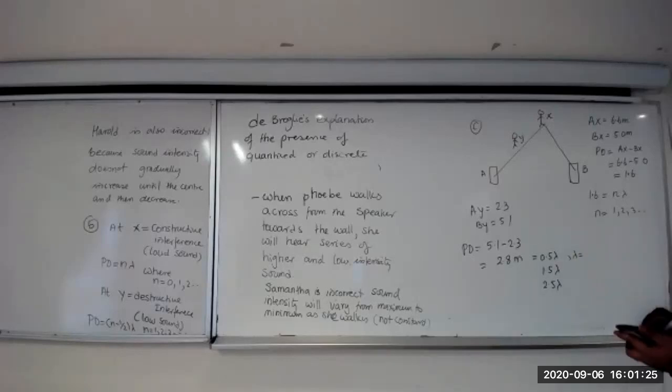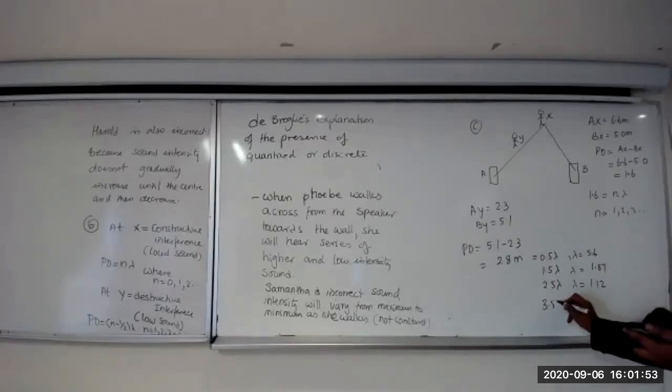Lambda should be either 5.6, or 2.8 divided by 1.5, that should be 1.87. Then 2.8 divided by 2.5, that's 1.12.